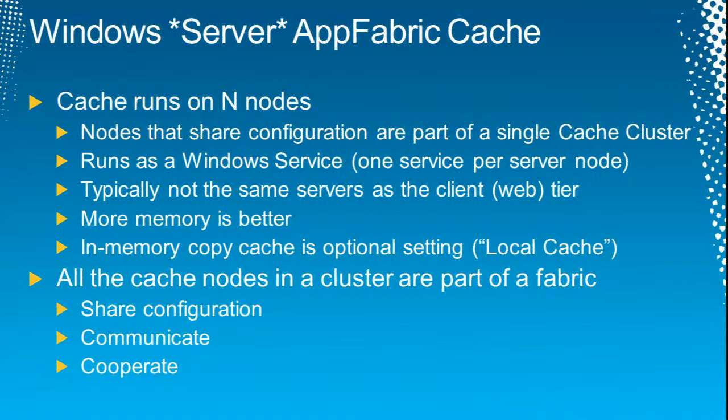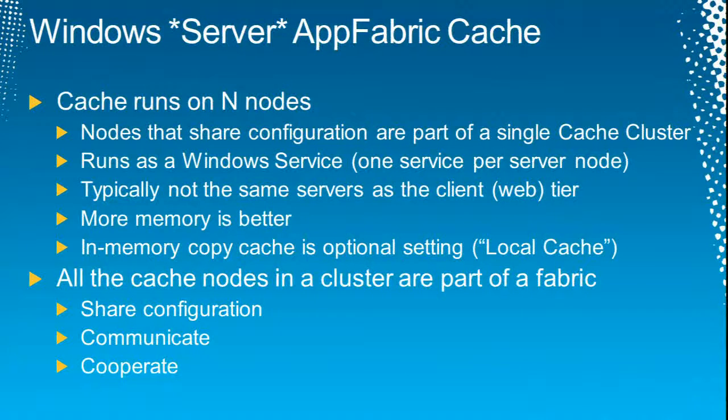So all we really care about is memory. We don't care about disk, because AppFabric Cache doesn't page to disk. It just uses memory. We don't care about backup, because there's nothing to back up. If one machine goes down, you can put in another machine, or the other machines will come back up.